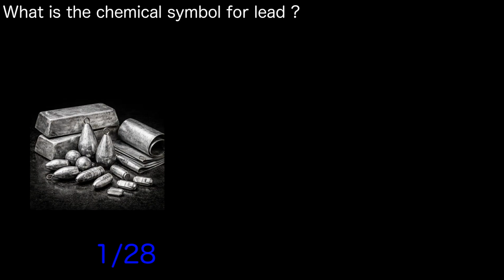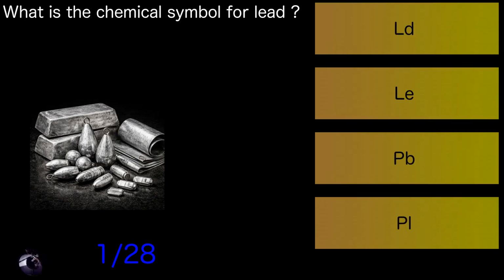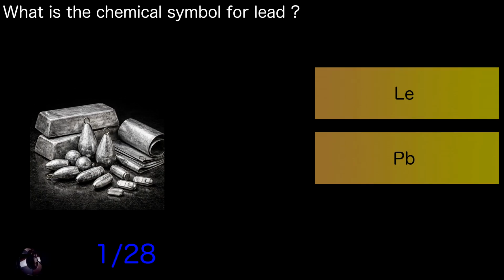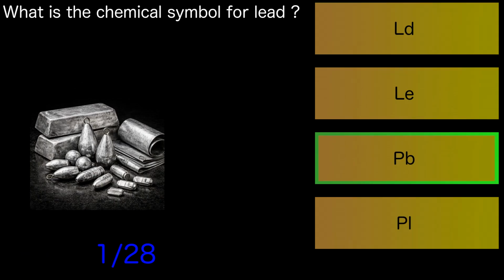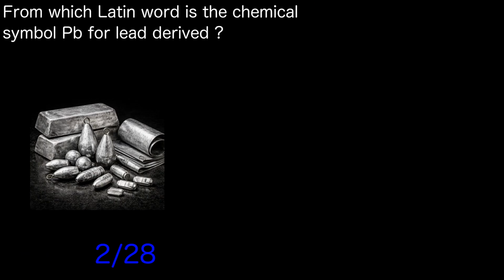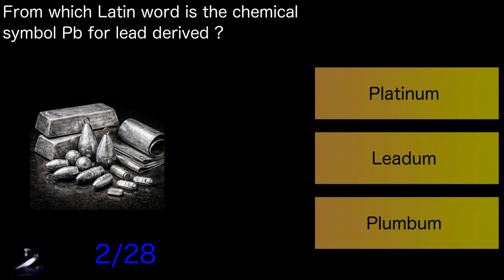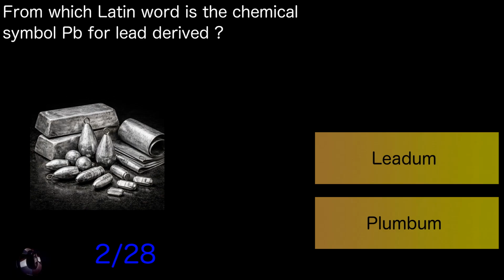What is the chemical symbol for lead? Pb. From which Latin word is the chemical symbol Pb for lead derived? Plumbum.